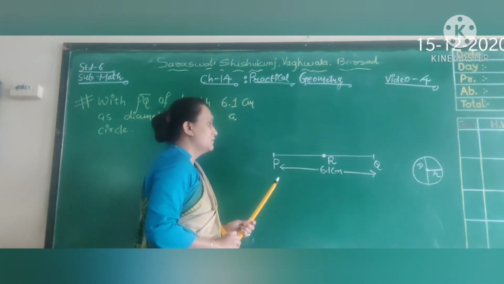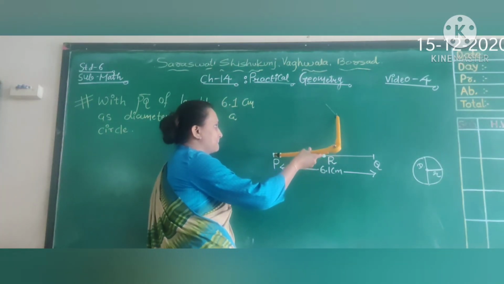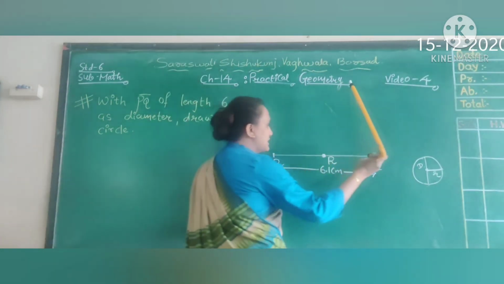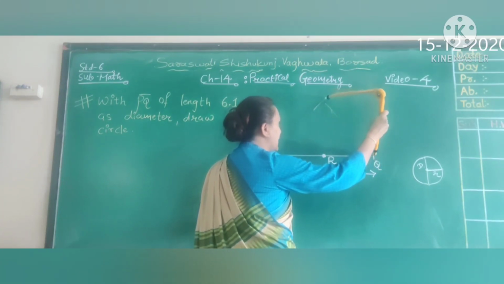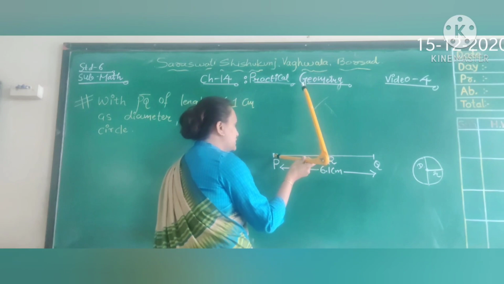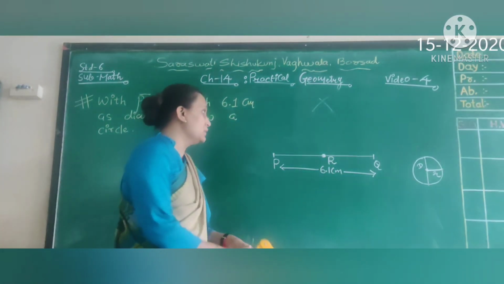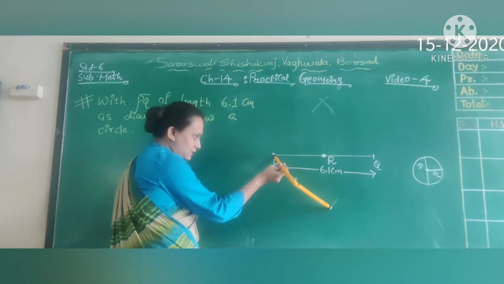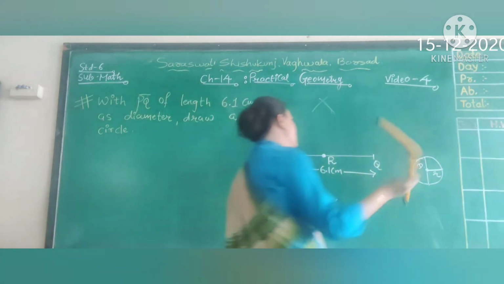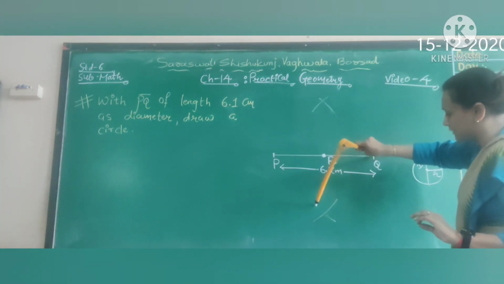So now first we have to draw an arc from point P. Okay, with the same measurement we then have to draw an arc with the help of Q. So like this we have to draw an arc with P and Q. Okay, you can draw an arc below the line segment with the same measurement like this. So from P and same way here from Q you have to draw an arc.